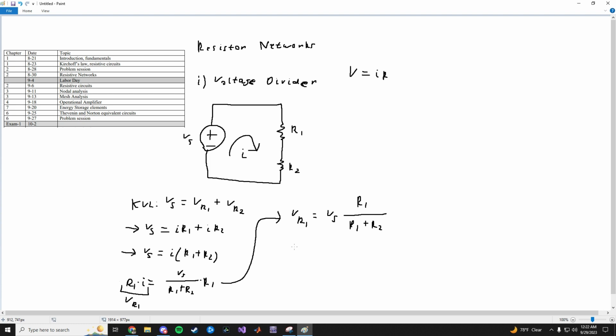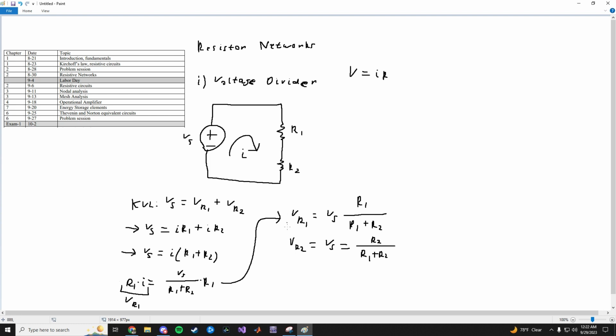Similarly, the voltage across R2 is going to be VS times R2 over R1 plus R2. In the numerator, we have the resistance we want to solve for the voltage across, and R1 plus R2 on the bottom.